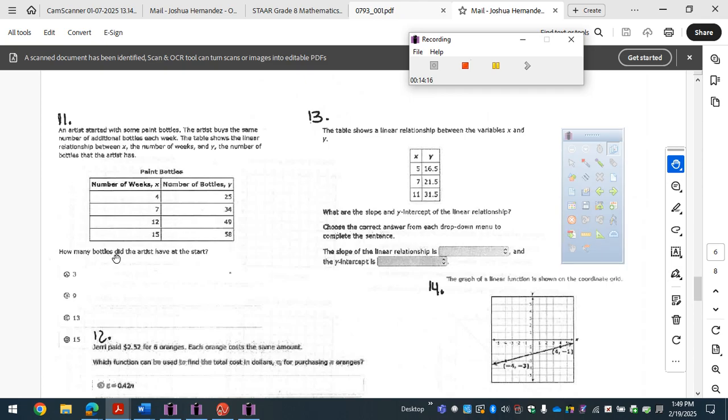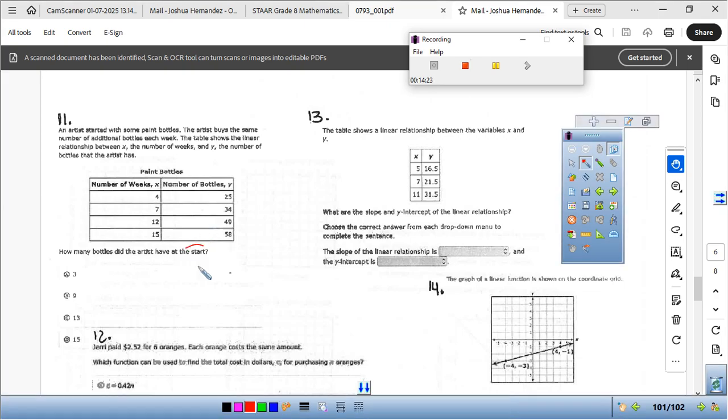Lists and spreadsheets. How many bottles did the artist have at the start? So B, and the slope, and the idea of y equals mx plus b is what we're looking for. We're looking for the b here. So we're going to use these numbers, and it's going to be 4, 7, 25, 34.